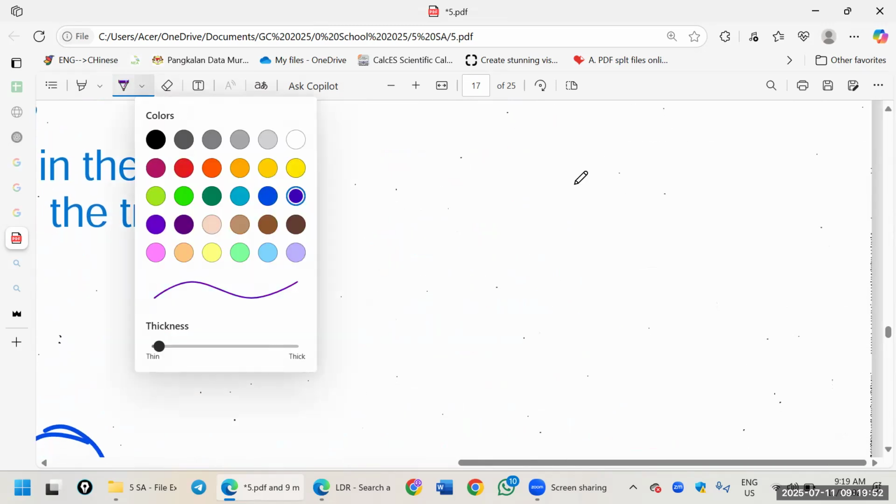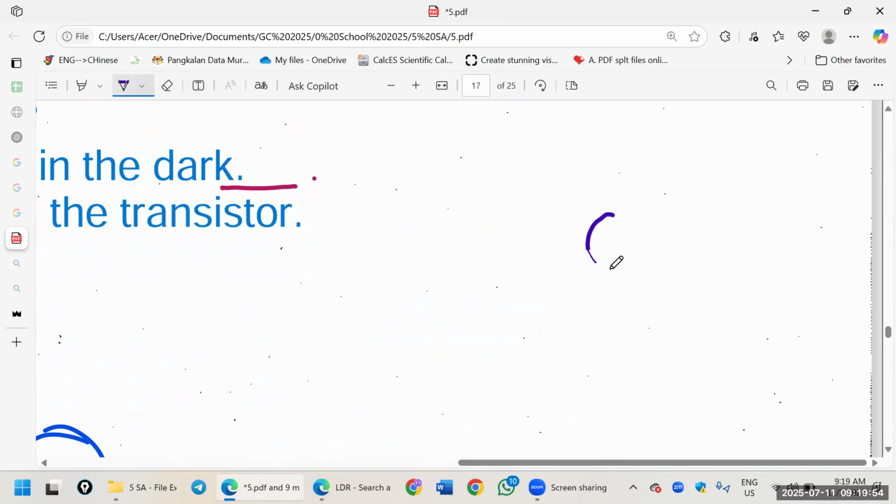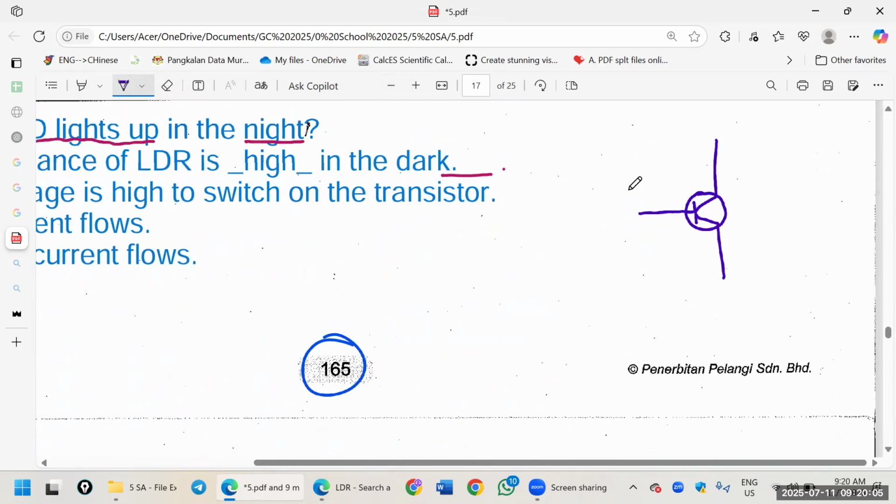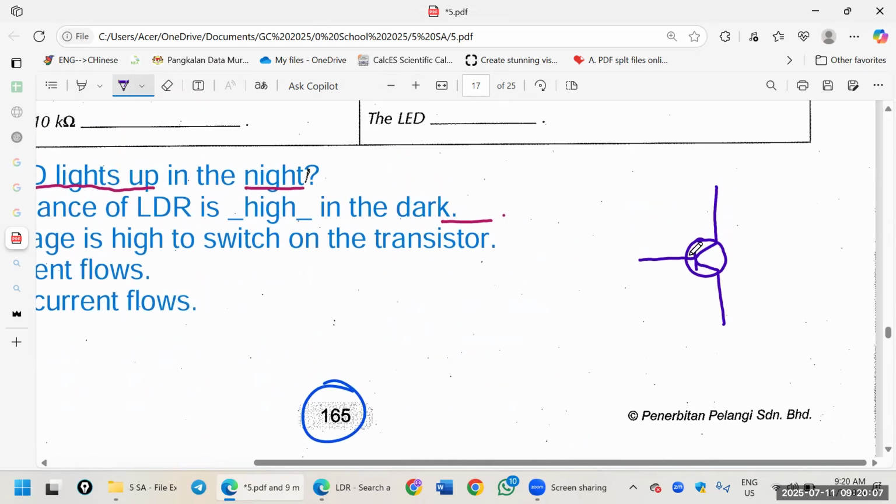Let's draw. First of all, let's draw a transistor. Let's train ourselves to draw the transistor. We always use an NPN transistor.